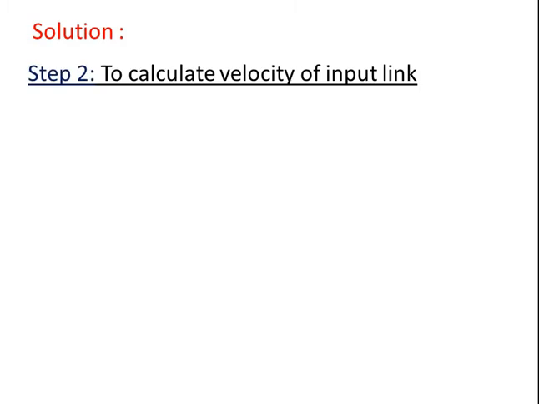Now step number 2, to calculate the velocity of the input link. Always in a question, the velocity of the input link will be given either in RPM or in terms of angular velocity, radian per second. In this case, it is given n equal to 180 RPM.